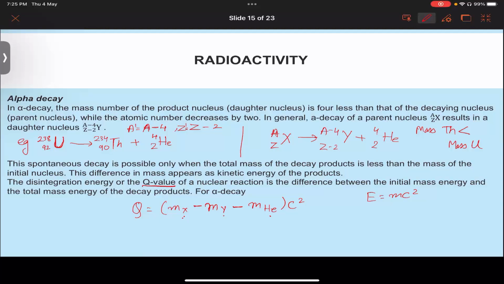Q then is actually the net kinetic energy gained in the process.